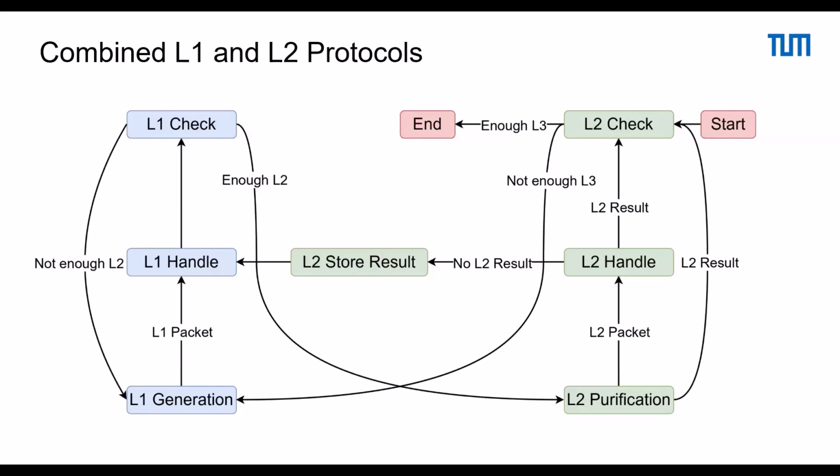Because sometimes we need to compare the results that we have: one from our measurements or our purification that we're doing, and the one from the other side that we're getting. So both need to be present. And it could be that either ours is present and we're waiting on the other side, or the other side is present at our location, but we didn't do any purification yet. So this is why we have this separation here.